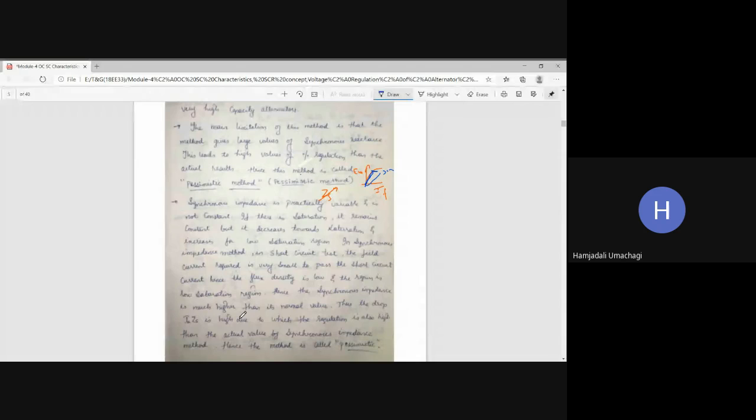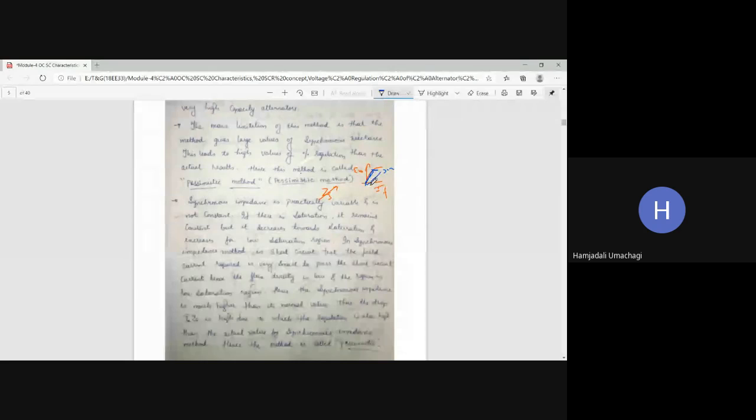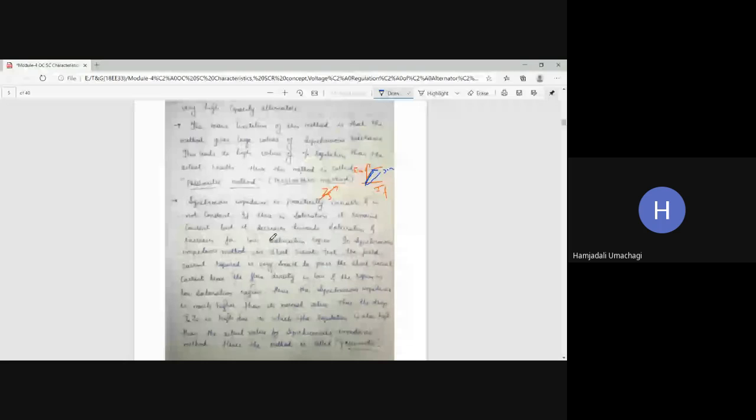So 0.29 is a very small field current value which is given to get full load armature current, and ZS increases for low saturation.